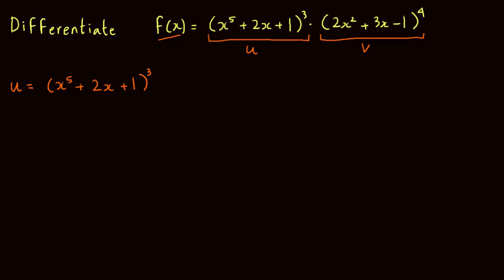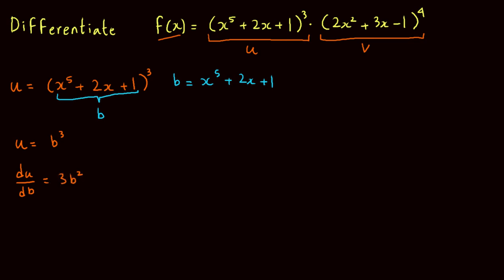Of course we have to utilize the chain rule here, so I'm going to take this out and label it as b, for instance. So b is simply x^5 + 2x + 1, so u would be in terms of b cubed. So du/db is equal to 3b^2.